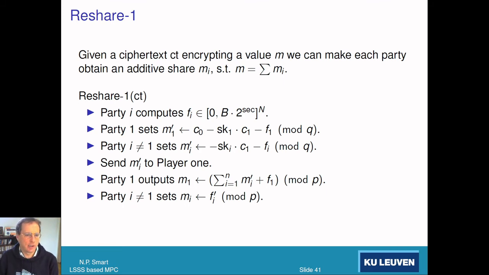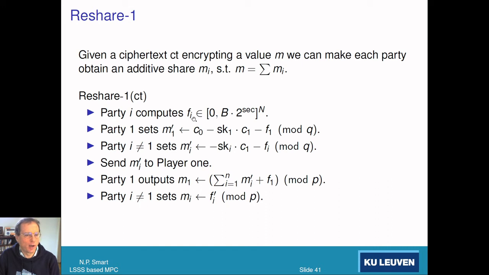We don't actually, in the first reshare algorithm, have to do any form of distributed decryption, because we just want to produce additive sharings. So given a ciphertext, what does our first reshare method do? Well, it uses the noise flooding trick, but in a clever way. We don't have to multiply by the P here, because we're basically going to use the FI as the share.